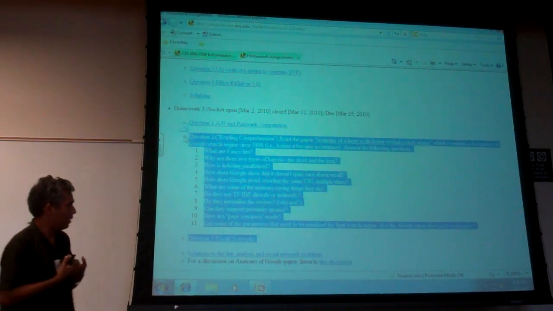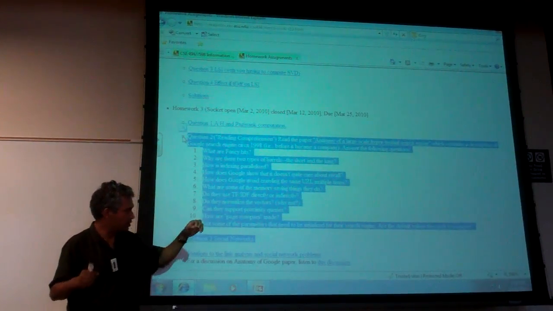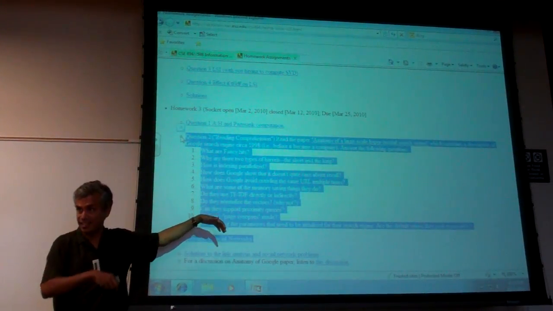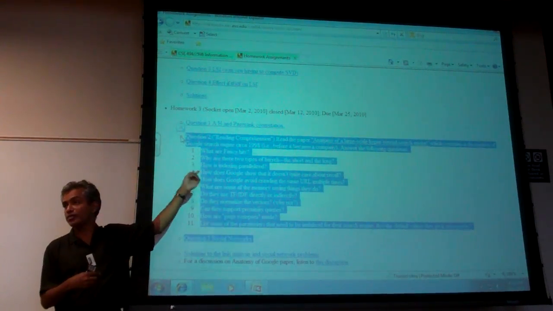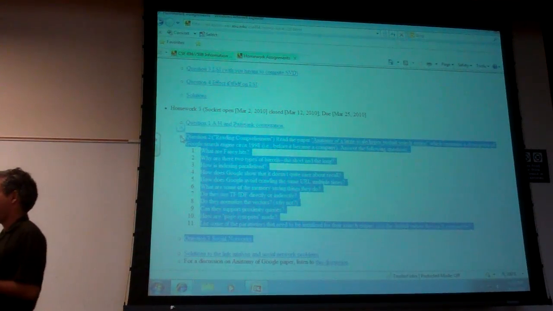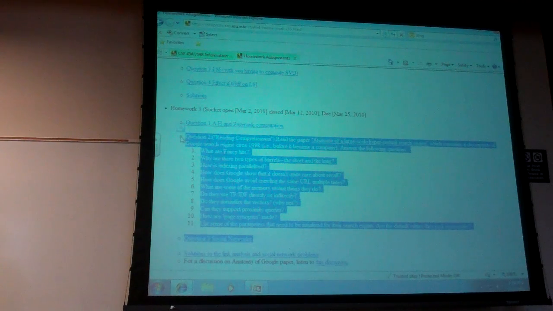So what we did is the analysis first. Now you want to see when they did one end-to-end search engine as a pair of grad students, what corners did they cut? Did they cut them in a reasonable way? Would you agree with that? So it's a fairly interesting read.